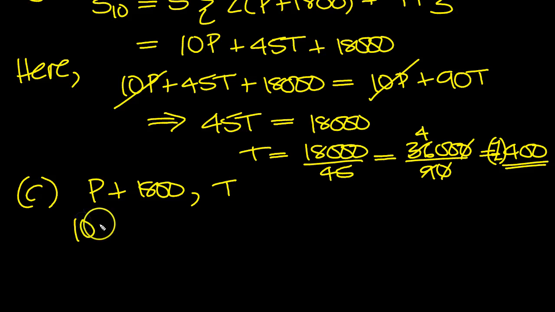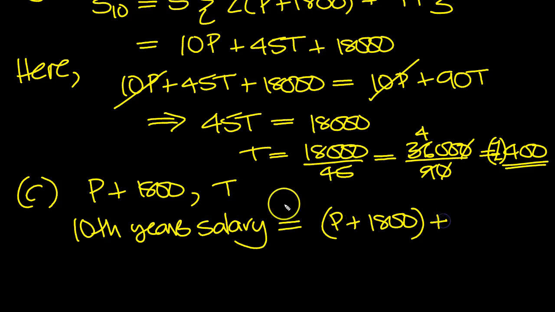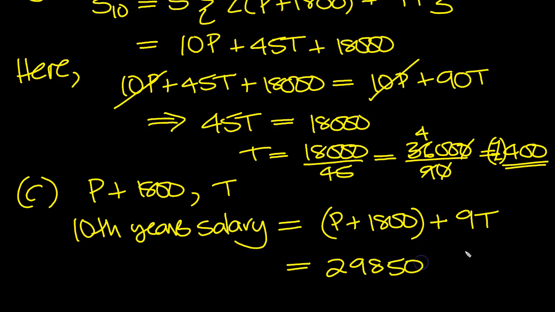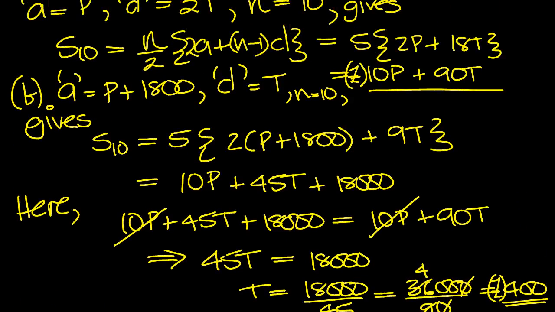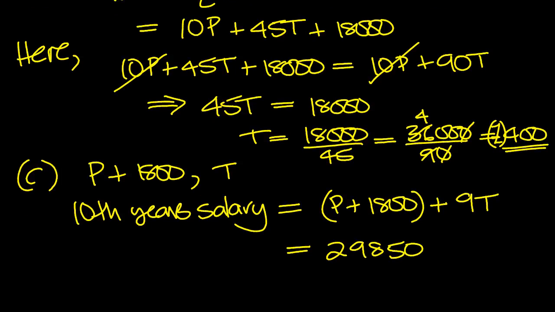So the 10th year salary is equal to the first term, a, P plus 1,800. How many d's do we add on for the 10th term? We add on 9 d's, so 9 t's, and that's equal to 29,850. I'm just going to double check that above. There it is, 29,850, find P.